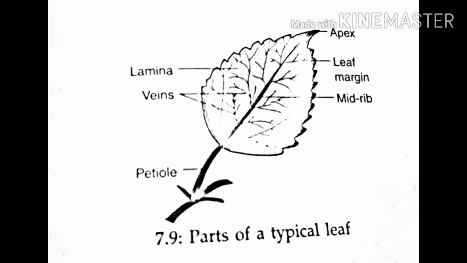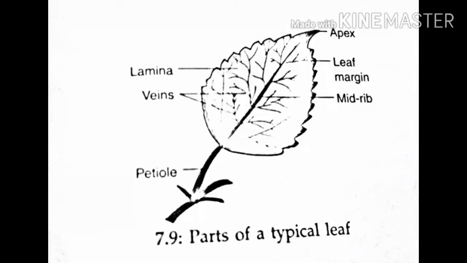Leaf is a special part in a plant to carry out photosynthesis. It is generally a thin and flat structure. It is normally green in color as it contains the pigment chlorophyll.